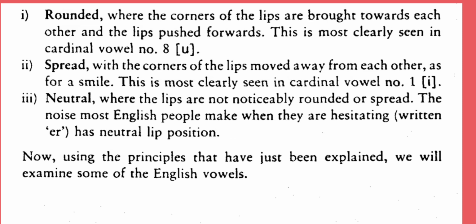This is most clearly seen in cardinal vowel number 1 E. Neutral, where the lips are not noticeably rounded or spread, like the noise most English people make when they are hesitating, has a neutral lip position. Now, using the principles that have just been explained, we will examine some English vowels.